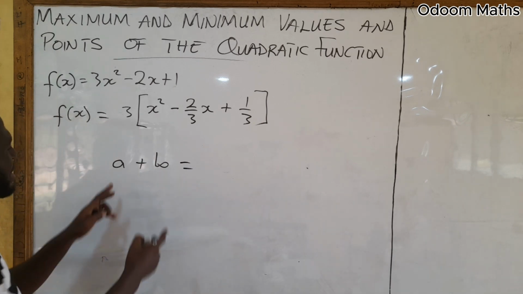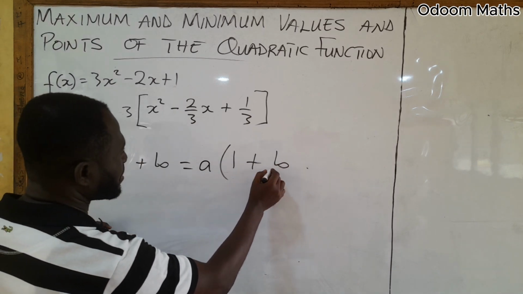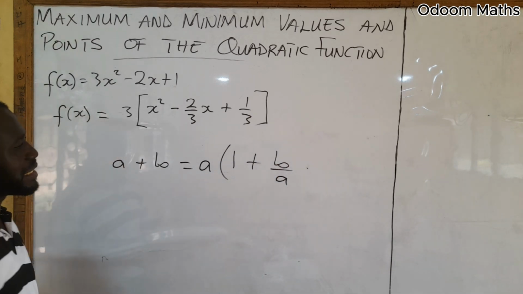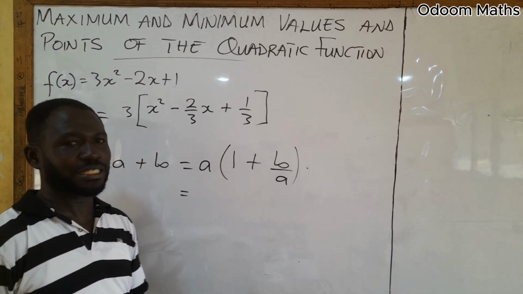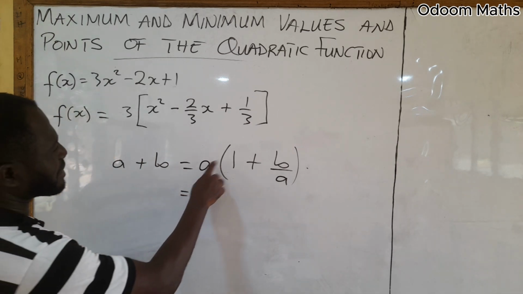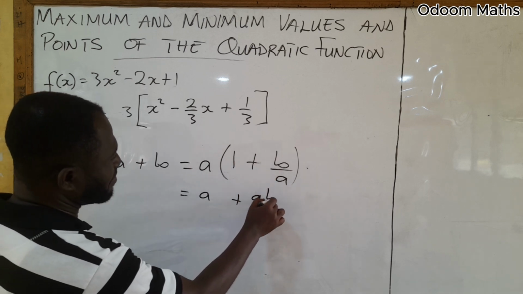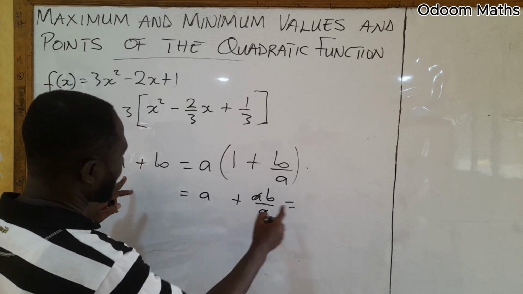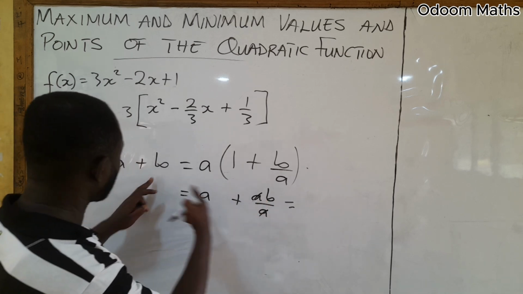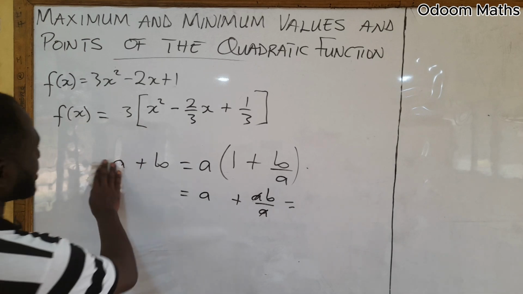Here factorizing a becomes a into bracket 1 plus b over a. Because factorization is the opposite of expansion, if I multiply this and this, I get a plus, then ab over a, and we get our a plus b as was given. Let's continue.